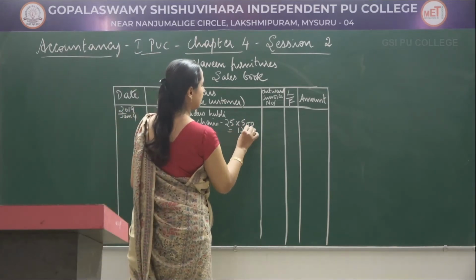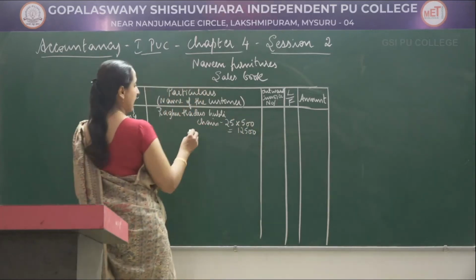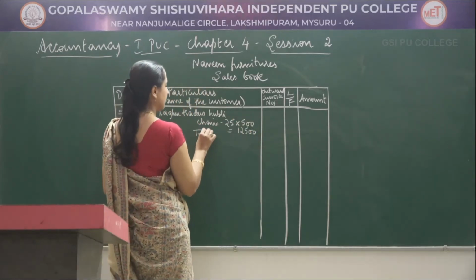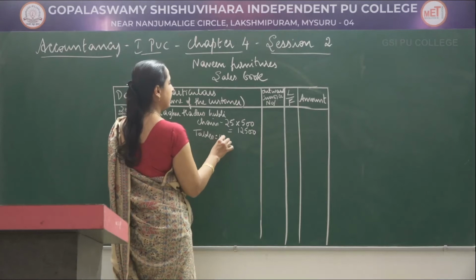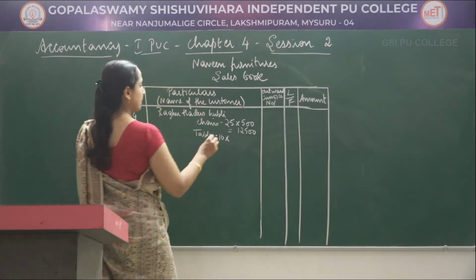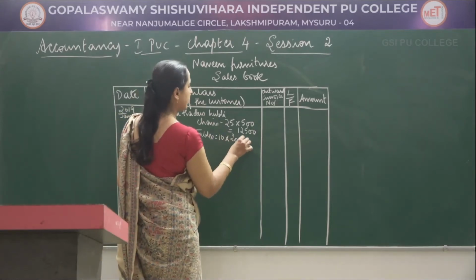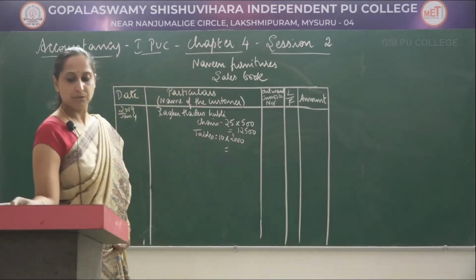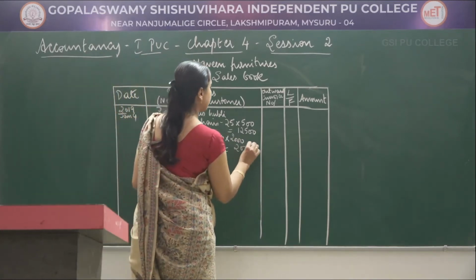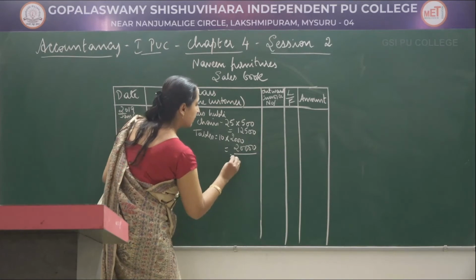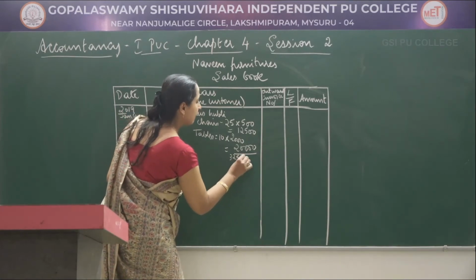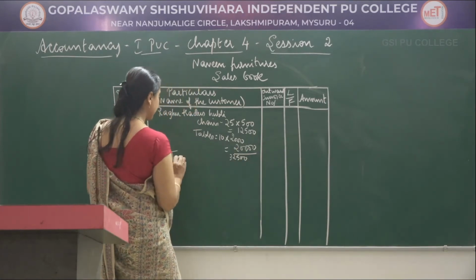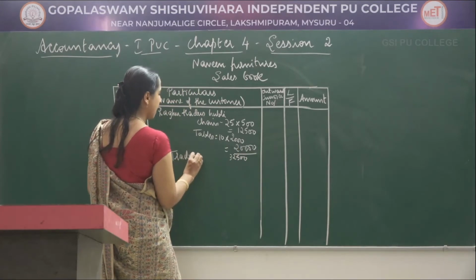That comes to 12,500 and 10 tables of rupees 2000 each. It comes to 20,000 and the total is 32,500. So now they are giving 10% trade discount.